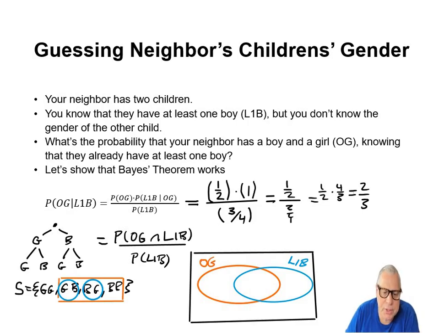So let's go through this set again and put that information in. Girl girl: the other is a girl, but there's not at least one boy. So GG goes into here. Girl boy is at least one boy, but that's also the other is a girl. So here we have girl boy.